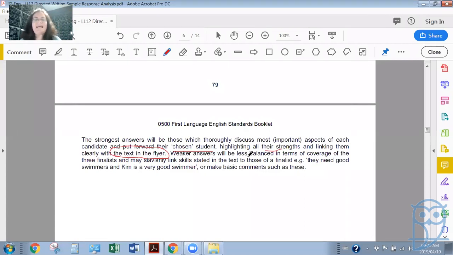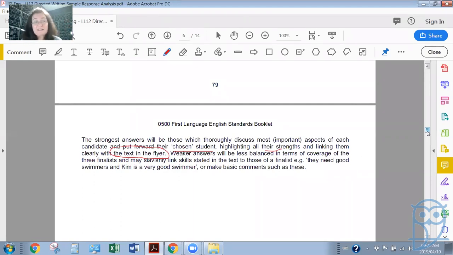Weaker answers will be less balanced in terms of coverage of the three finalists and may slavishly link skills stated in the text to those of a finalist. So for example, they need good swimmers, and Kim is a very good swimmer. So it's too basic. Or they make basic comments such as: they need somebody to build something, he can build a garden shed, he must be good for the job. It's too simplified. Is that how people would discuss candidates?